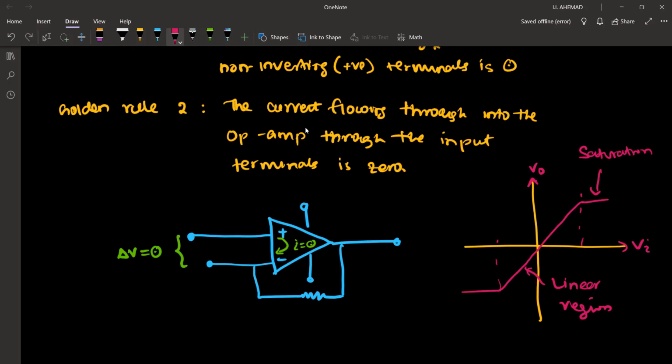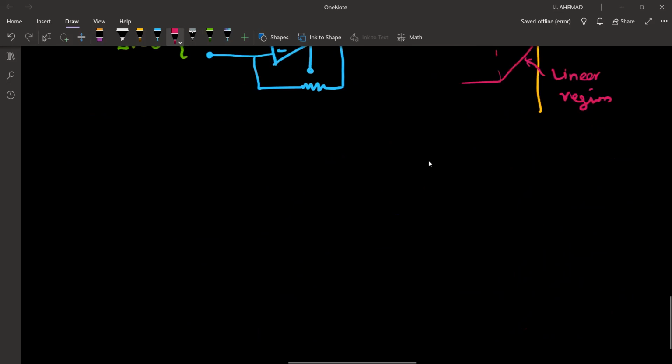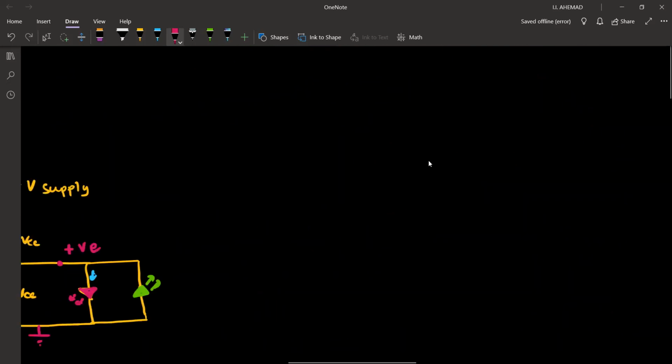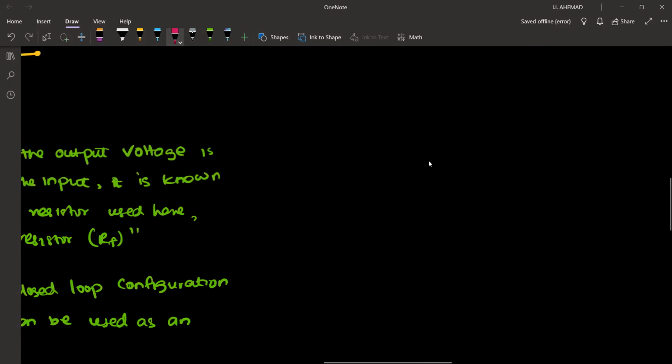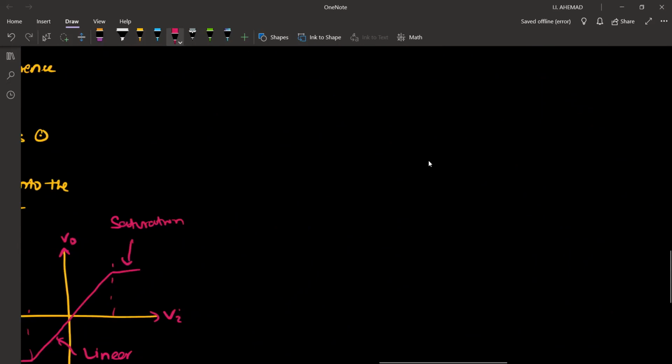Have you noted up to this? So we can make an amplifier using the operational amplifier.